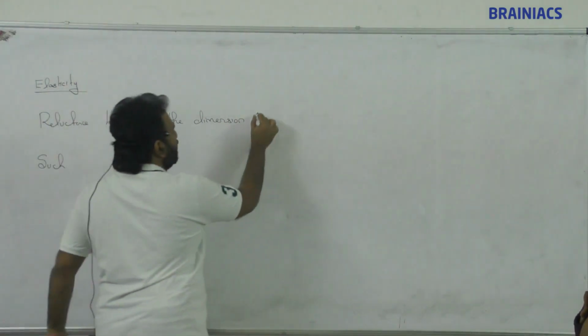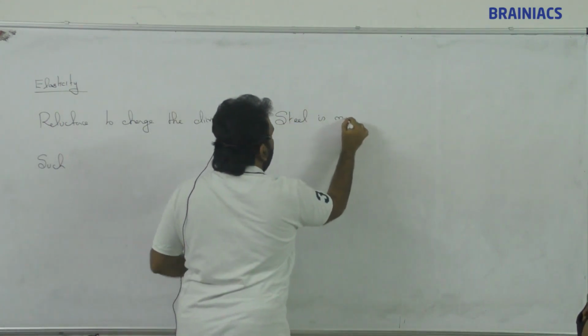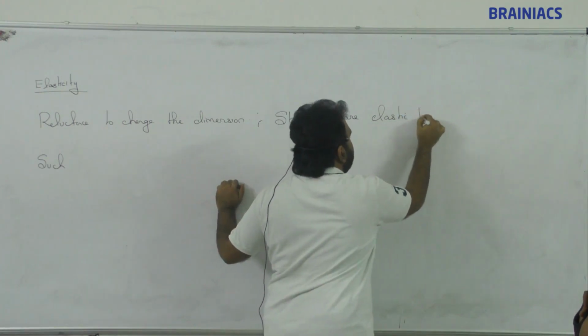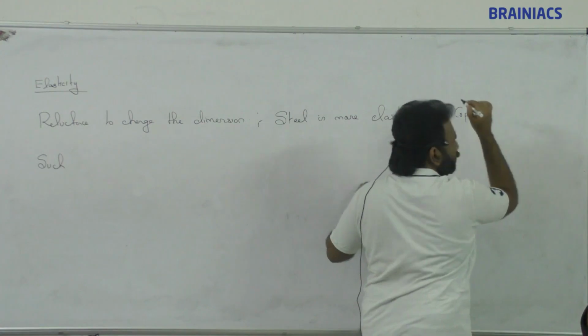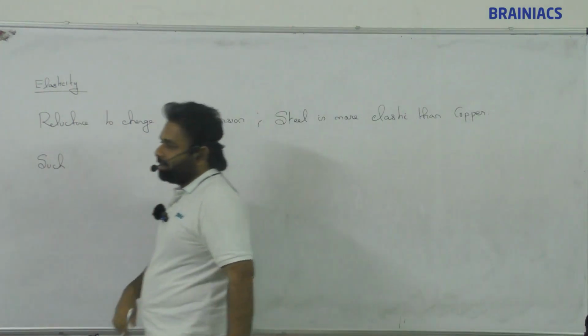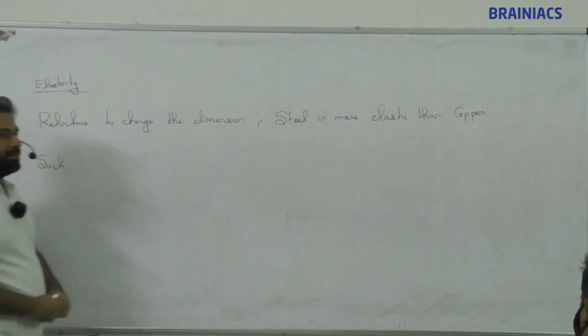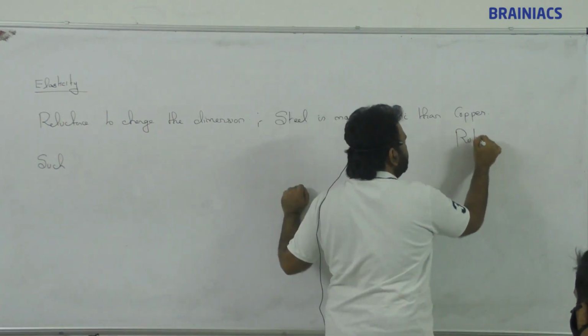Such materials are called elastic materials. I could say that steel is more elastic than copper. Steel is more elastic than rubber. Clear or what?